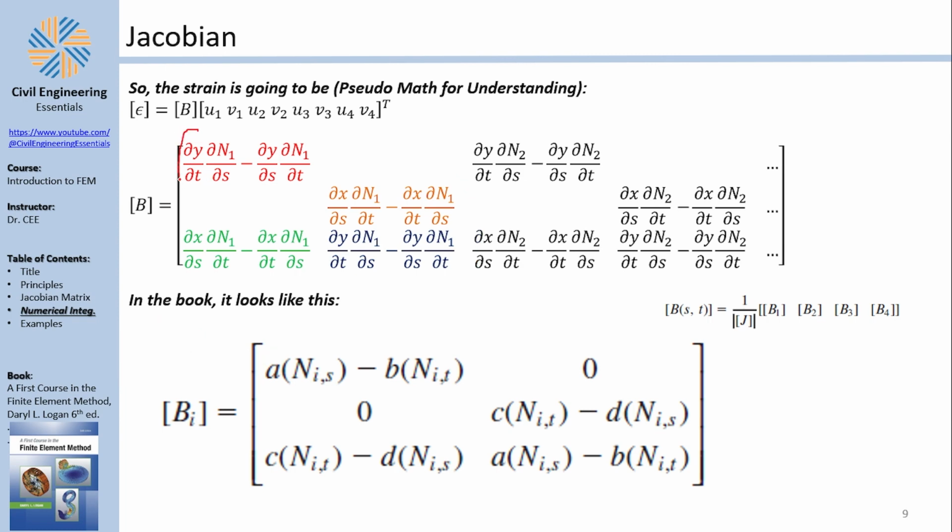I think that this partial y with respect to t corresponds to the A. That's my take on it. And then there is Ni,s. This means partial derivative Ni with respect to s. In our case, it's N1 with respect to s. And you can see it here. Partial derivative N1 with s. Perfect. There is a negative here, and you can see it here.